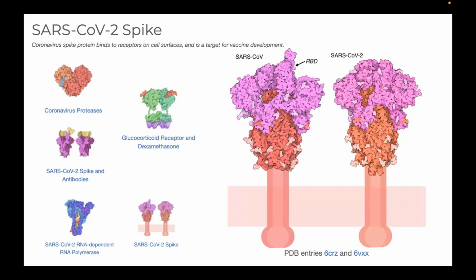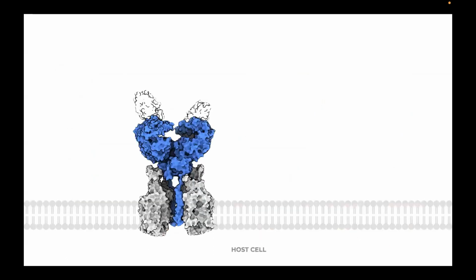So the spike protein is composed of three identical chains, A, B, and C chains, and together they form a complex with a small domain inside the virus, a membrane spanning segment, and a large ectodomain that extends the spike protein, and it is very flexible to move in that manner.